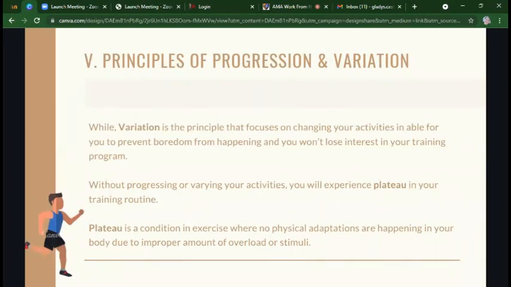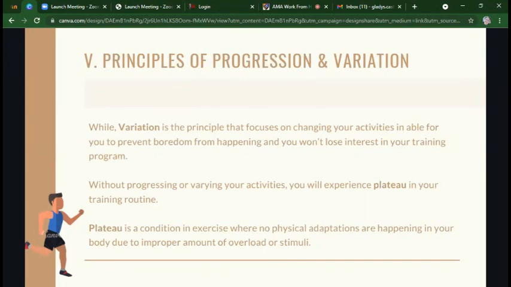The principles of progression and variation. Variation is the principle that focuses on changing our activities to prevent boredom from doing the exercise over and over again, so that we won't lose interest in our training program.